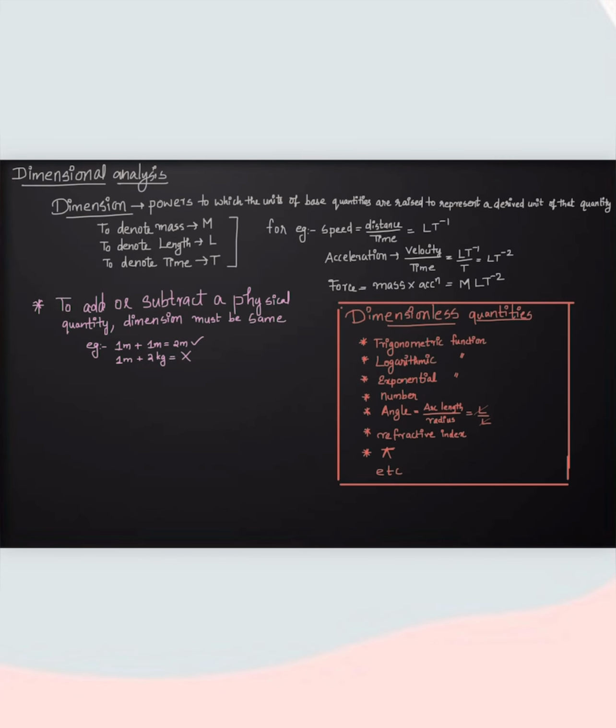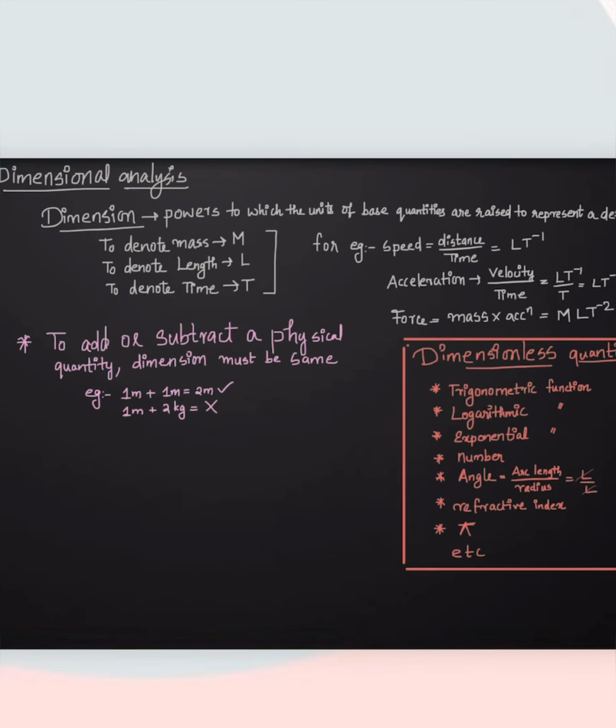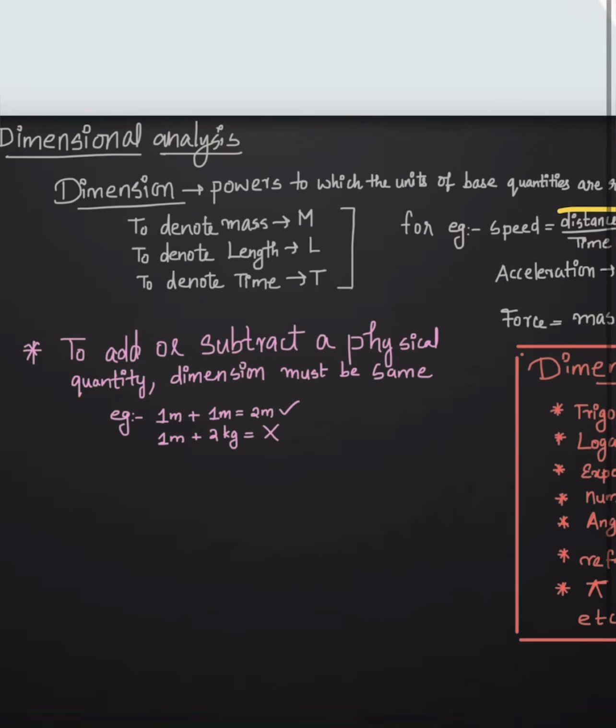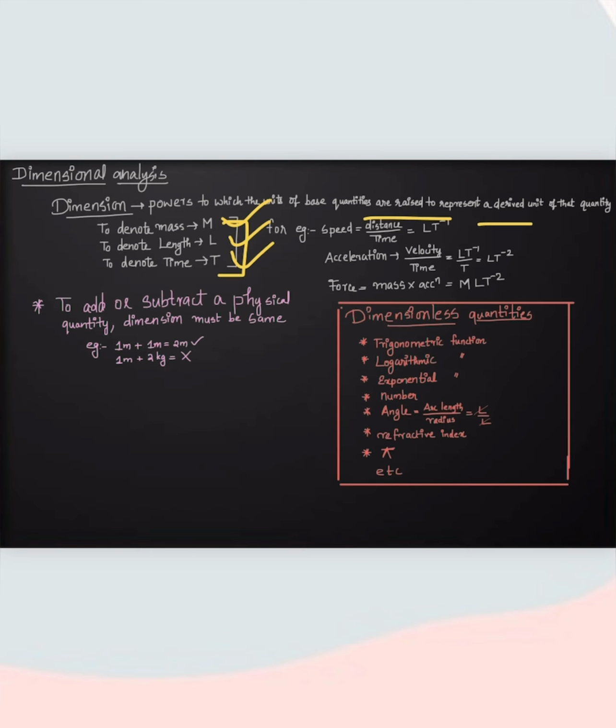Okay. Then we are moving on to dimensional analysis. Dimension means the powers to which the units of base quantities are raised to represent a derived quantity. To denote mass we use M, to denote length we use L, to denote time we use T. You have to study that.